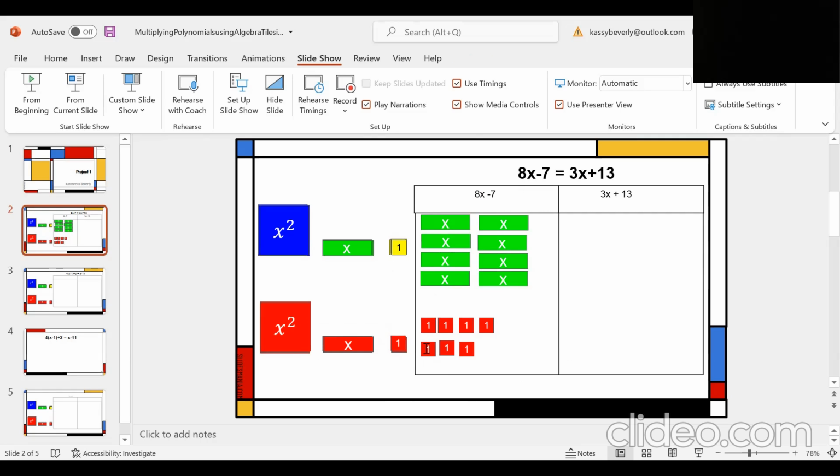All right, on our next side of the table, we have 3x plus 13. So we're going to bring over 3 positive x's. 1, 2, 3. And then we have a positive 13.